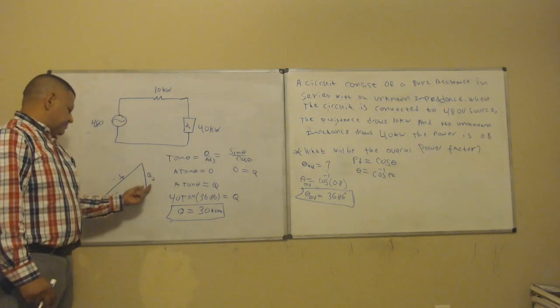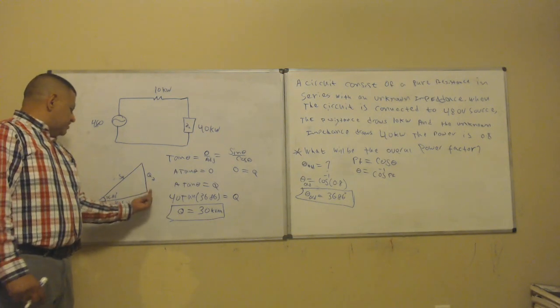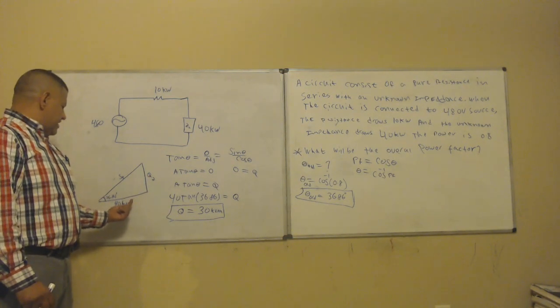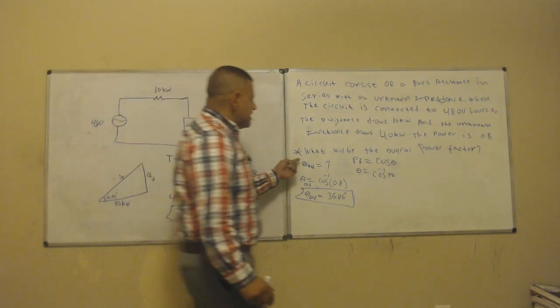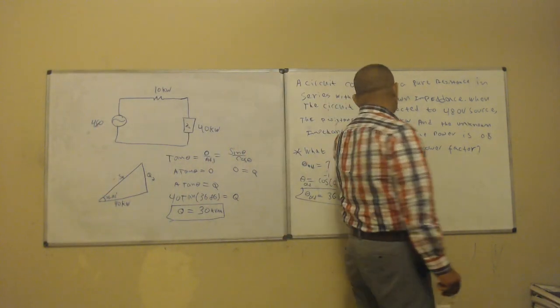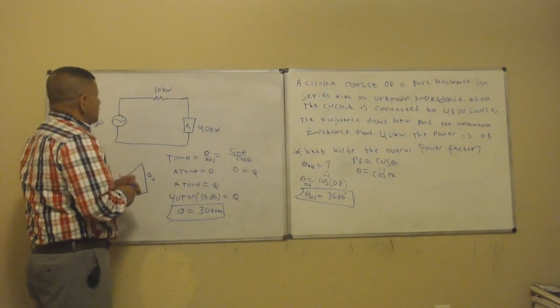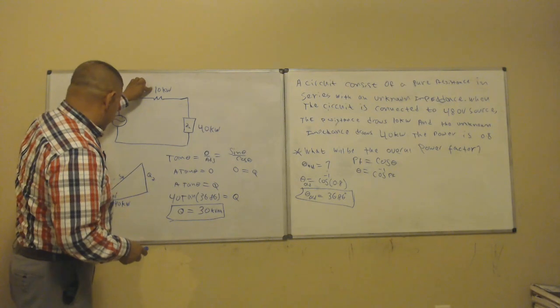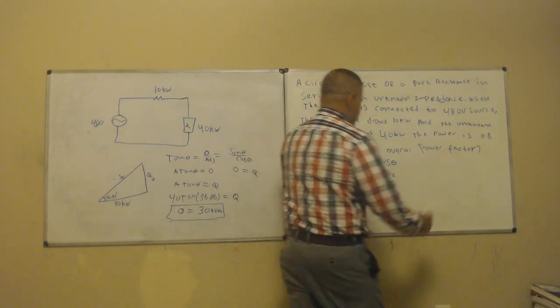Now, the 30 kVAR belongs to this side, right? But they're asking for what? What is the overall power factor? Which means the overall power factor has to include this 10 kW. So what I can do is draw another power triangle.